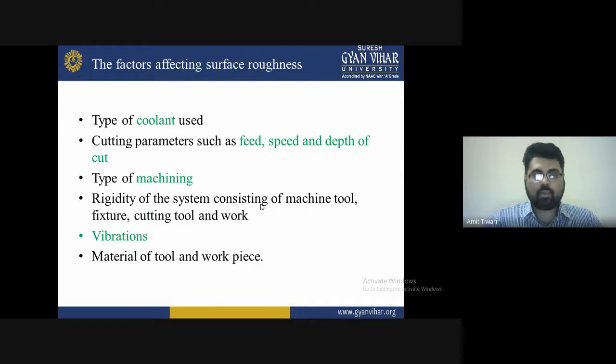So these are some factors responsible for affecting the surface quality of the material, either increasing or decreasing the surface roughness.